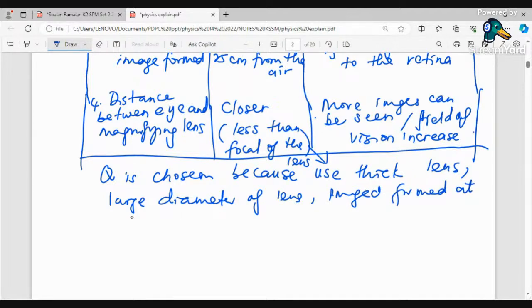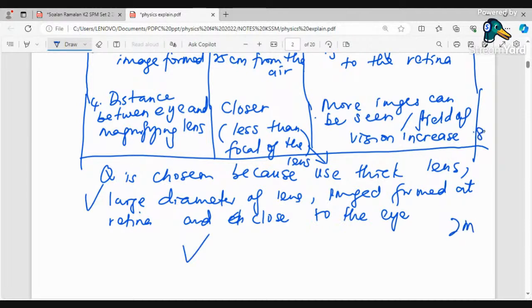Image formed at retina and close to the eye. Okay, ada semua 8 mark ni semua. Ni 2 markah kat sini, 8 markah sini. Jadi jumlah 10 markah.